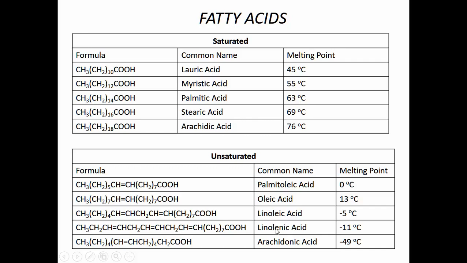Linoleic acid and linolenic acid are polyunsaturated acids, and this last one, arachidonic acid, is also unsaturated. Notice how their melting points are all below 25 degrees C, and the highest melting point of them all has only one double bond. The more double bonds you get in the chain, the harder it is to stack them.